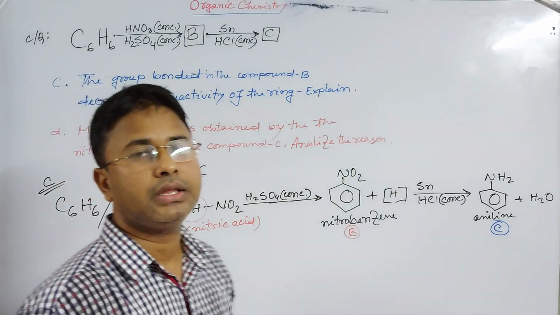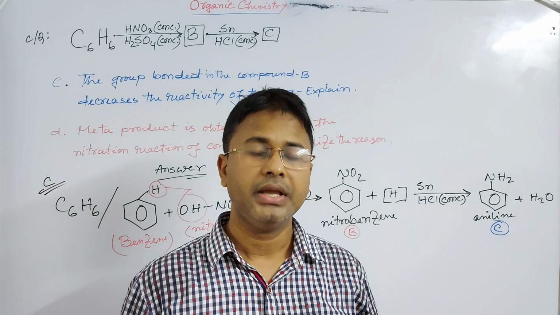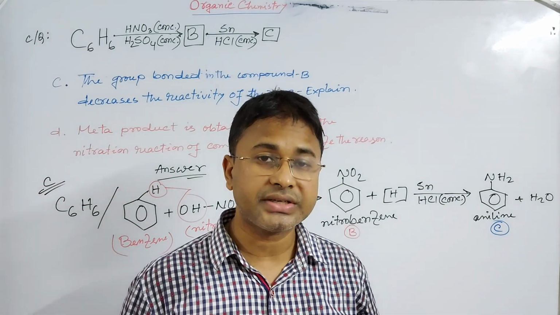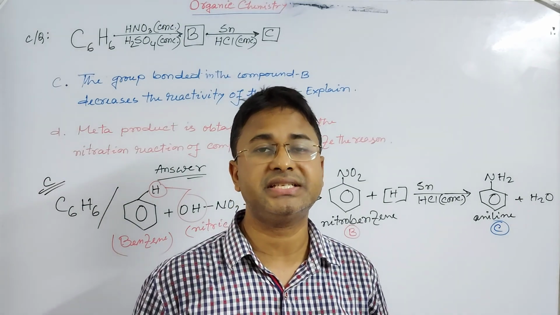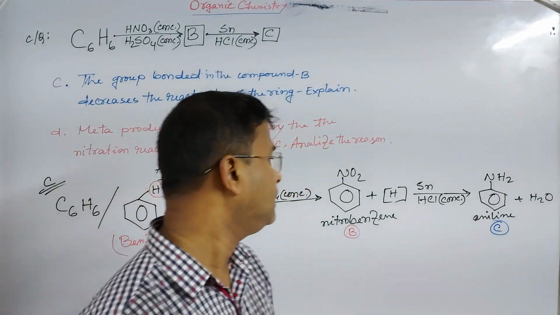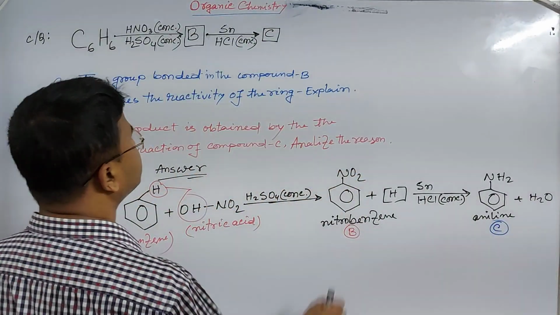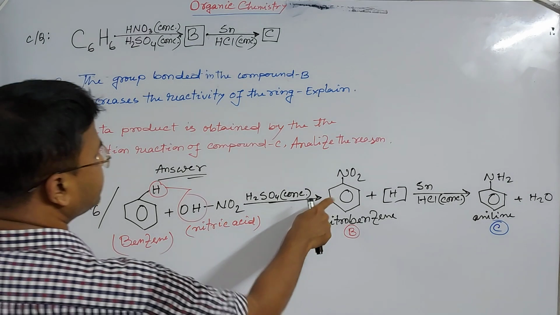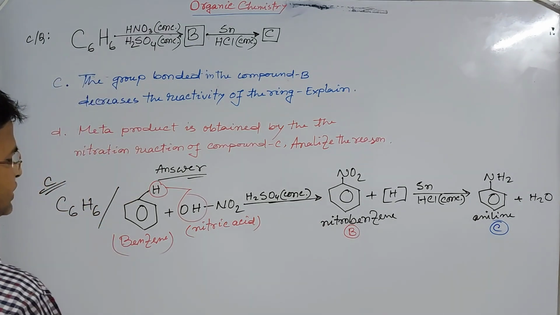You know that the groups which decrease the electron density in the benzene ring are known as deactivating group. Here nitro group is a deactivating group, and it decreases the reactivity of benzene ring.